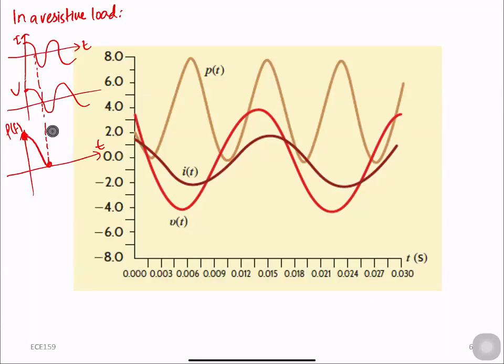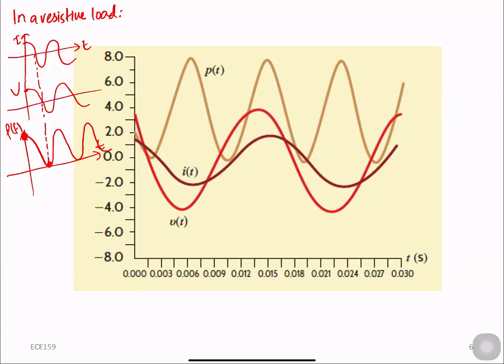So what happens now at this instant when the current is negative and voltage is negative as well? When we multiply two negatives, it is going to be a positive power. So again, this rises up and becomes positive, goes to 0, again becomes positive, goes to 0. And this is how your instantaneous power for a circuit which has only a resistive load looks. What does this signify?